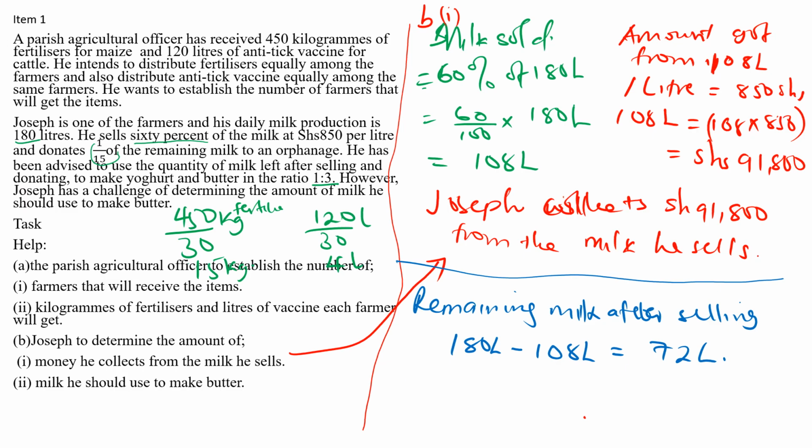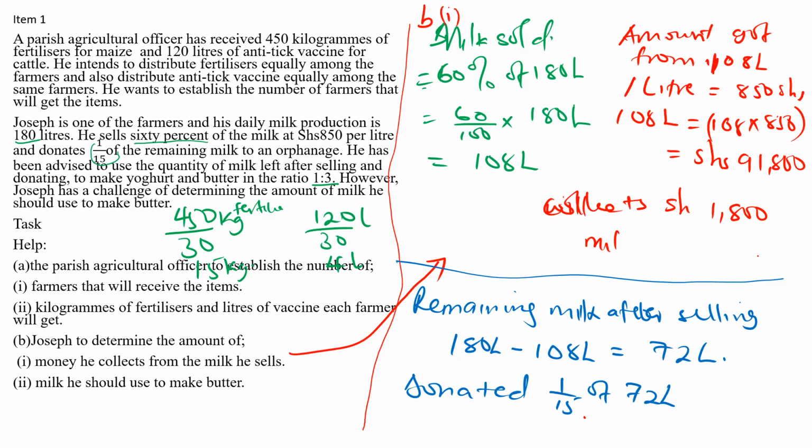But now here, donated. After that, he donated 1 out of 15 of 72 liters. Now, friends, total fraction is 1.